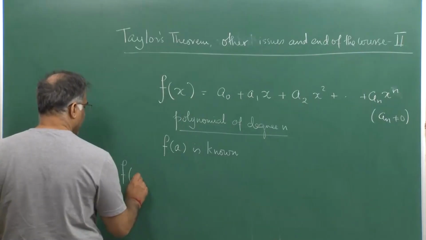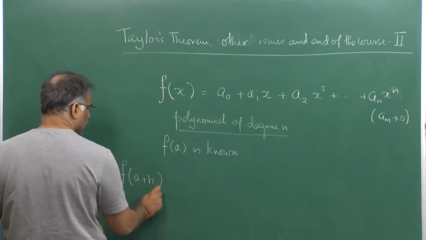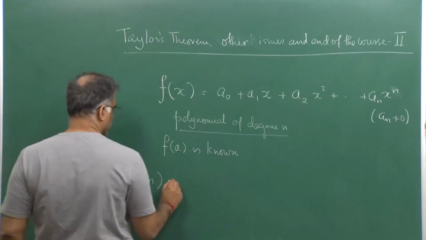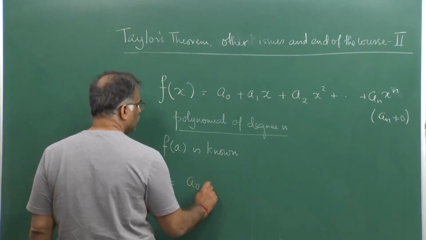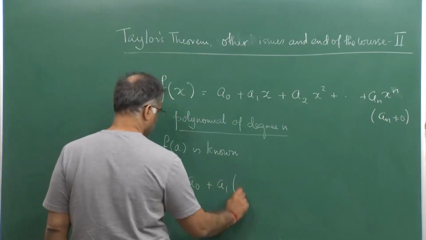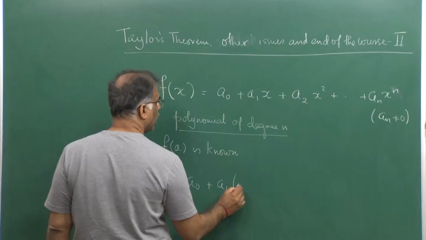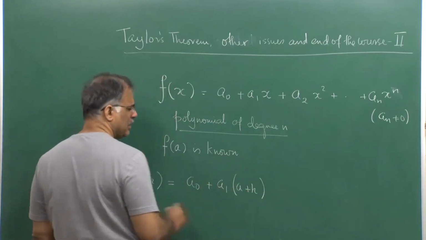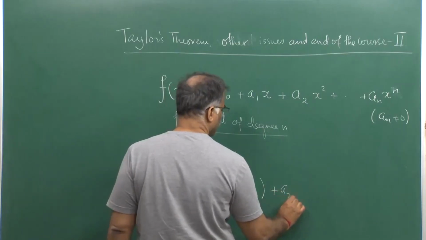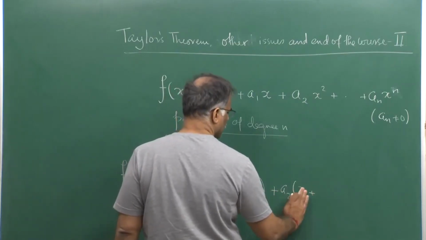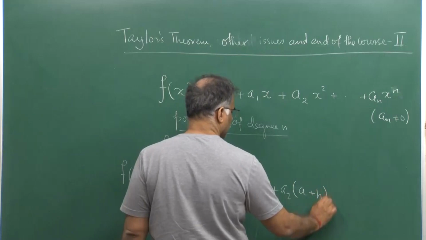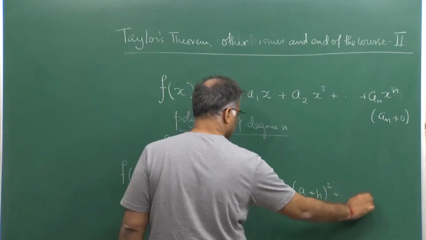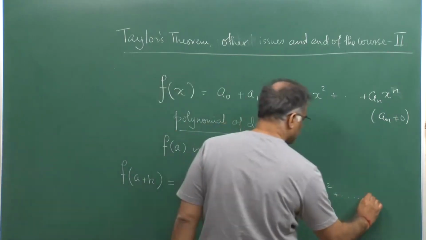So, when I write x is a plus h, my a is fixed. So, what I do, I write a0 plus a1 (a plus h) plus a2 (a plus h) squared and so on up to a_n (a plus h)^n.